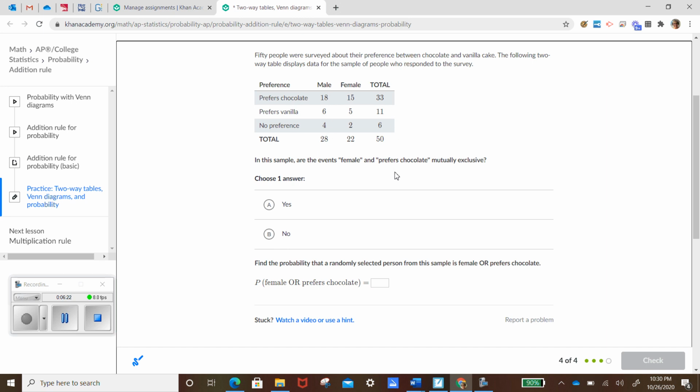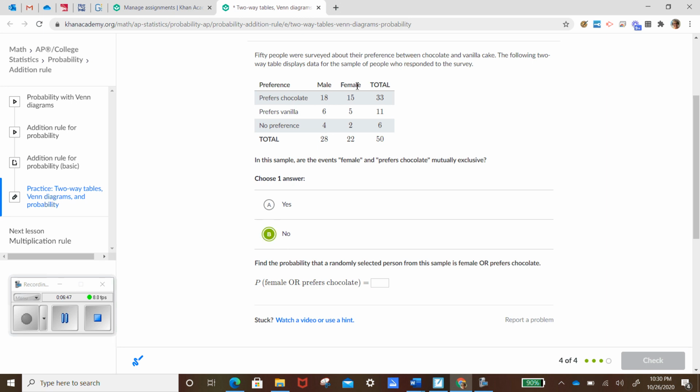In this sample, are the events female and prefers chocolate mutually exclusive? So let's see, we have 5 that are both female and prefer vanilla. We have 15 that are female and prefer chocolate. So that means that we definitely have females that prefer chocolate. So those are not mutually exclusive.